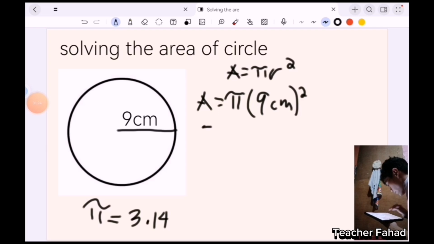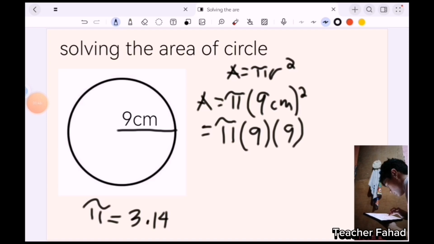So now let us multiply it by itself, 9 times 9. So bring down the pi, then 9 times 9. This is what we will do.